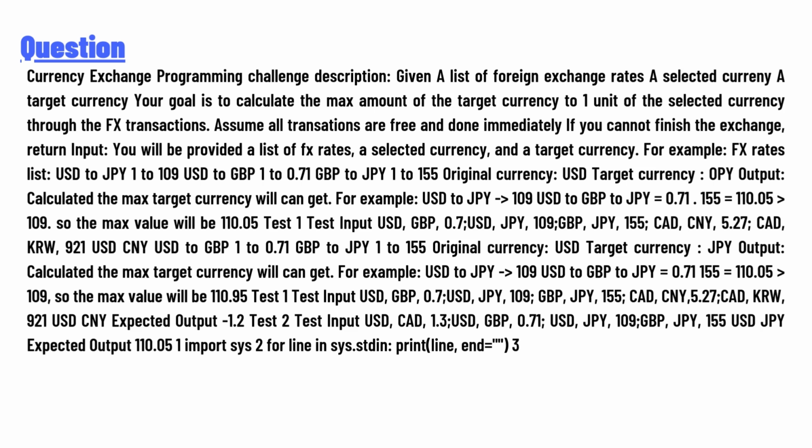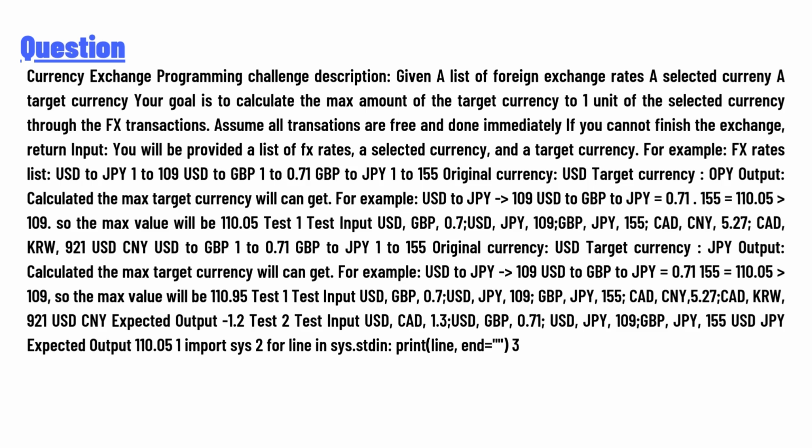Currency exchange programming challenge description. Given a list of foreign exchange rates, a selected currency, and a target currency, your goal is to calculate the max amount of the target currency you can get from 1 unit of the selected currency through FX transactions. Assume all the transactions are free and done immediately. You will be provided a list of FX rates, a selected currency, and a target currency.